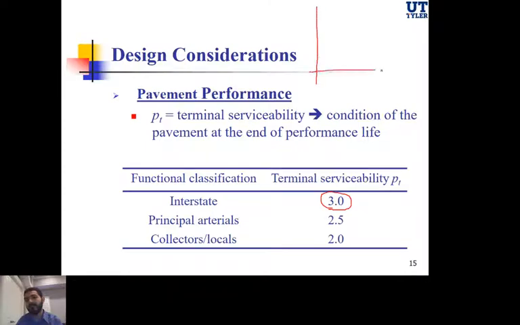Again, if I draw the same graph, if I have a perfect road starting from 4.2, flexible pavement, once I reach 3, I'm gonna need to go to the field and do some major maintenance on this roadway if it's an interstate.